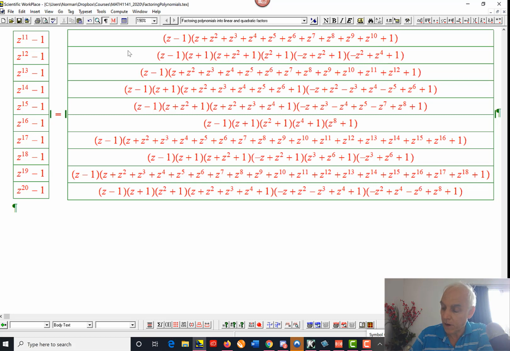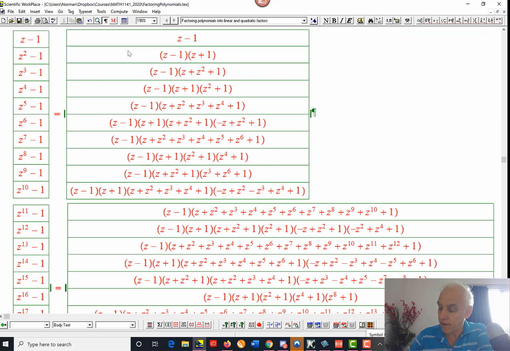So it's actually quite a rich story of trying to understand what these various factors are. In higher algebra, these factors figure quite importantly in an algebraic theory called cyclotomic, connected with number theory as well. But we're just interested in the problem of how you factor polynomials.